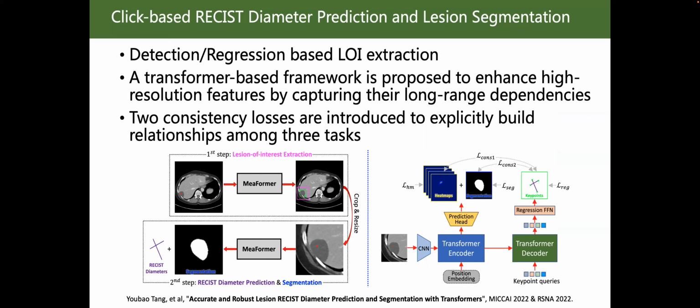It is formulated as three correlative and complementary tasks: lesion segmentation, heat map prediction, and key point regression. To the best of our knowledge, it is the first time to use key point regression for RECIST diameter prediction. The proposed method can enhance the high resolution features by employing transformers to capture long-range dependencies. Also, two consistency losses are introduced to explicitly build the relationships among those tasks for better optimization.